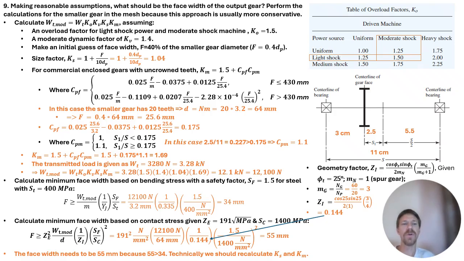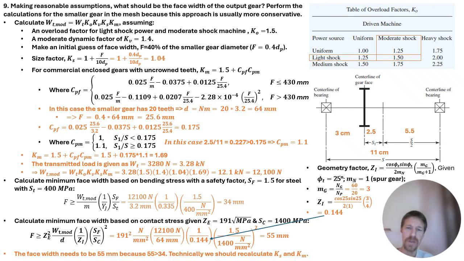you get 1.04. Then for commercially enclosed gears with uncrowned teeth, K sub m equals, and I made some simplifying assumptions, 1.5 plus C sub pf plus C sub pm, or C sub pf for the gears smaller than 430 millimeter face size, and we already said what we're looking at is going to be 40% of d sub p, so that's 40% of 64 millimeters, which is an initial assumption of 25.6 millimeters, and we'll see later on if that assumption is similar to, or quite a bit different from, our calculated value.